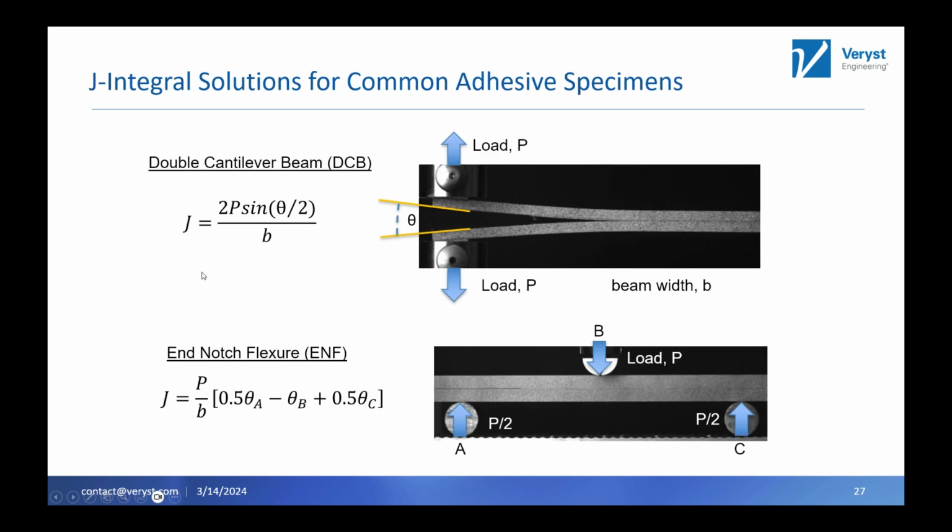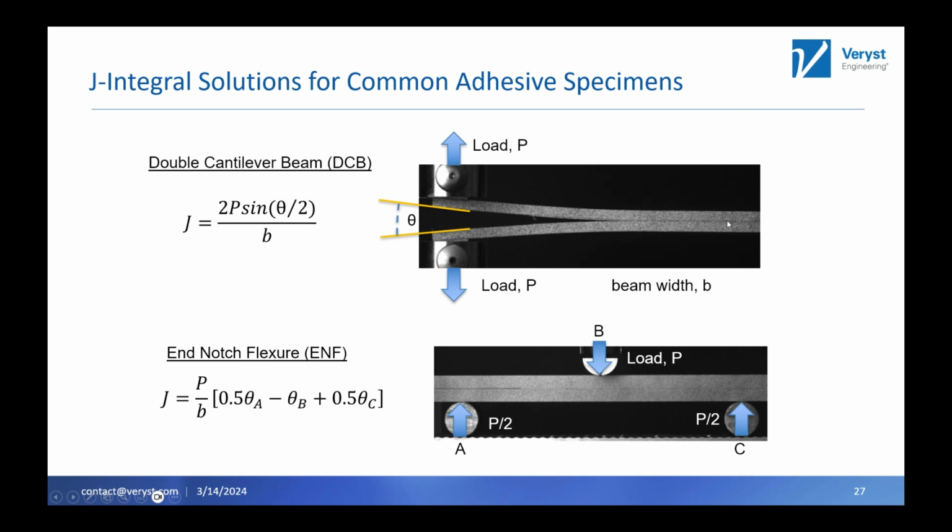These are the two common adhesive specimens that we test, especially for structural adhesives at quasi-static rates. The one on top is a double cantilever beam. This is a mode 1, or pure peel, test for the structural adhesive. We take two typically aluminum or steel beams, although you can use other materials if you're more careful, and pull them apart some distance away from the crack tip.